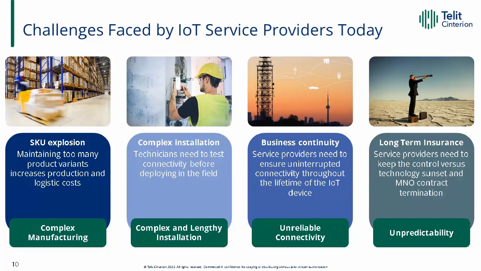And the last one is the long-term insurance. We all know the story that happened in the past few years. Like, the 3G network needs to be sunset, and then also the 2G network needs to be sunset. And how can you deal with all those devices already deployed in the field, right? So in order to tackle all those different issues in the field, we came up with this solution.